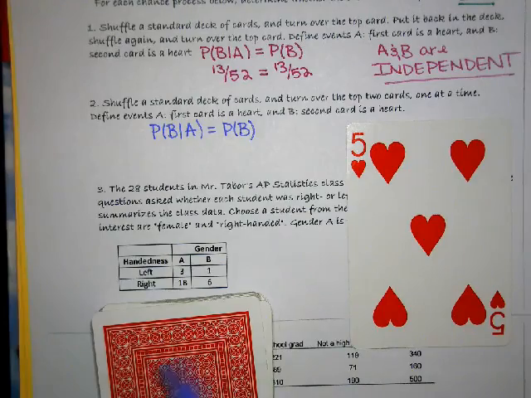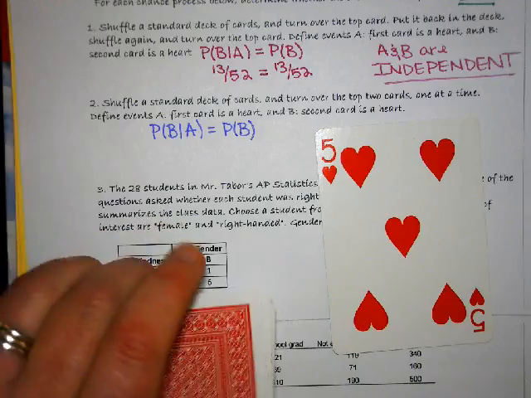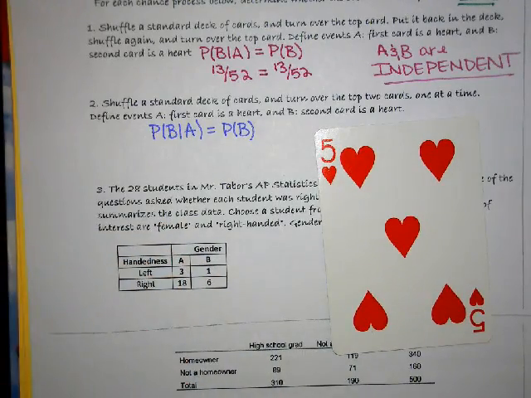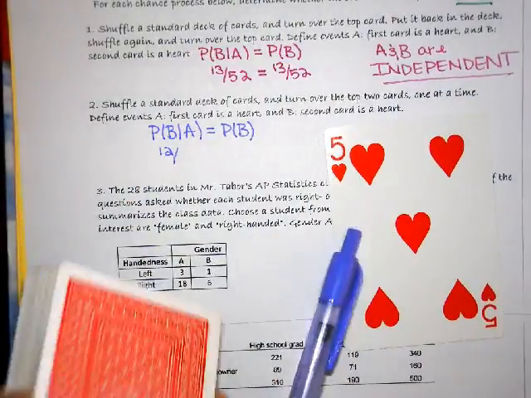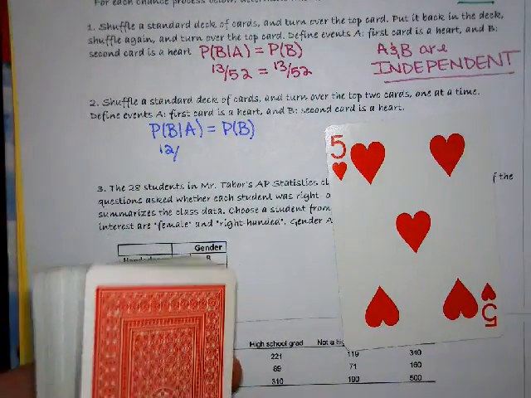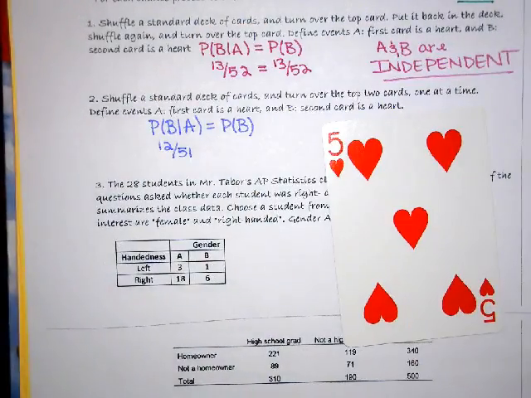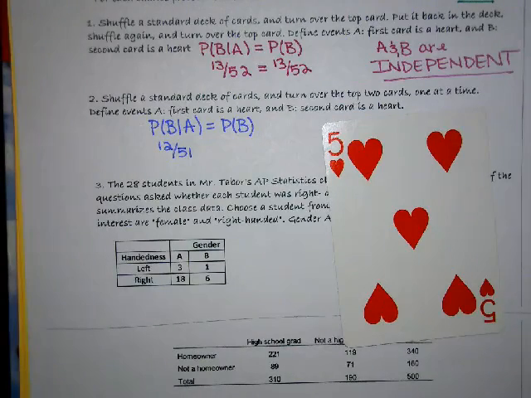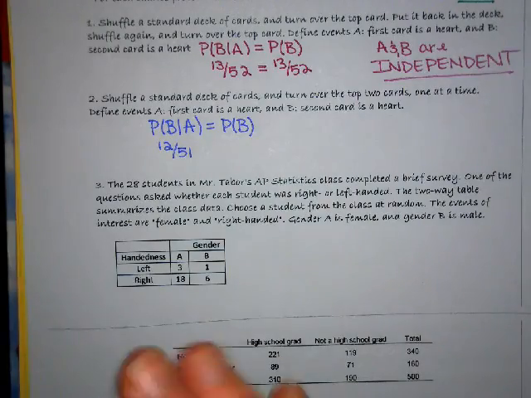I took one out, so how many are left? 12. And I have one card out, so how many cards are left? 51. So the probability of B given A happened is 12 out of 51. Sorry, Joanna and Emma. I checked and then I started talking. I should have double checked. Thank you.